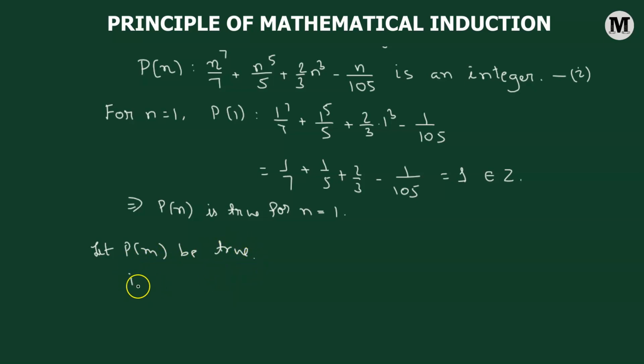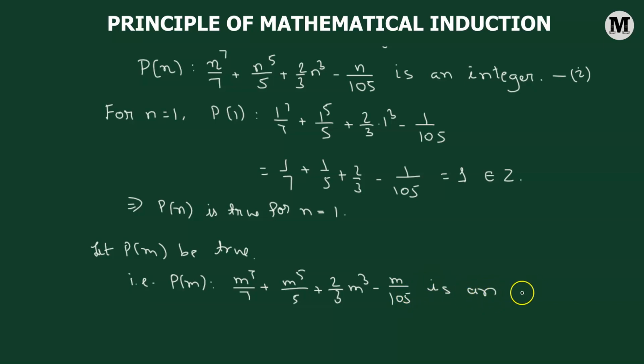That is, we are saying that m raised to the power of 7 over 7, added to m raised to the power of 5 divided by 5, added to 2 over 3 times m cubed, minus m over 105, is a true statement.